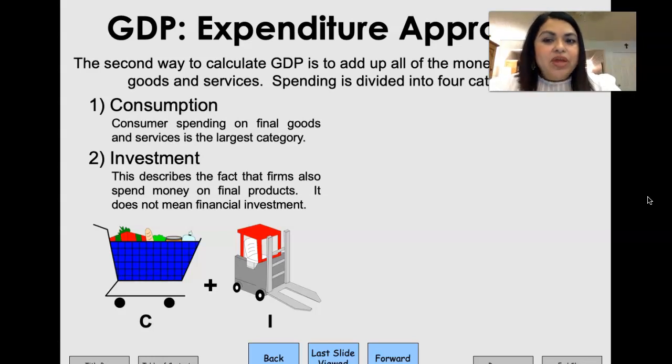Investments, we will count spending as investment in GDP if a company has bought final products. Let me give an example. All those houses are being built around Harlan High School right now.